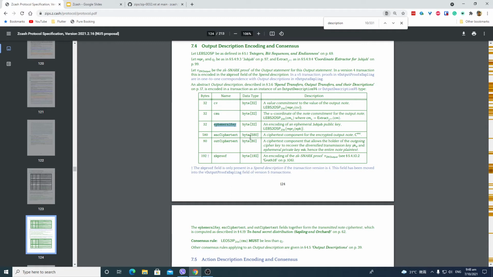Somewhere there's the encrypted note, right? You can see it's the largest content, 580. In order to decrypt that ciphertext, you need that ephemeral key plus your viewing key. This guy is public, so obviously that's not enough to decrypt the ciphertext, but with that plus your incoming viewing key you can decrypt it.